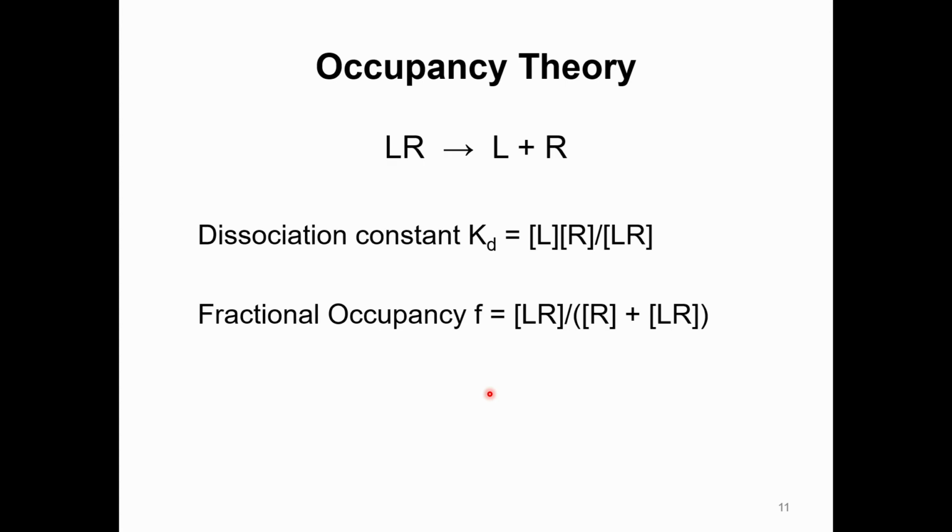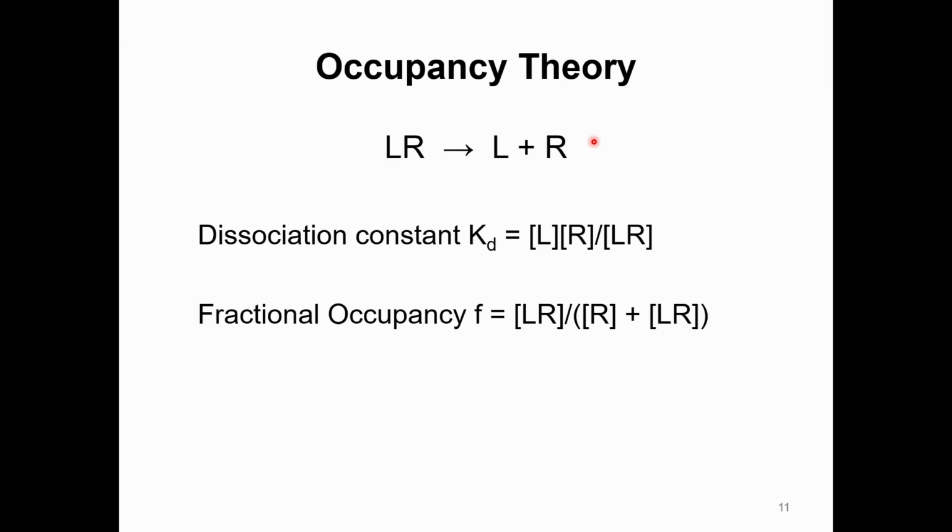And so we can develop some very simple equations here. So here we have what's going on. And let's think about dissociation constants again. So remember, here is a ligand bound to a receptor, and that can dissociate into free ligand and free receptor.